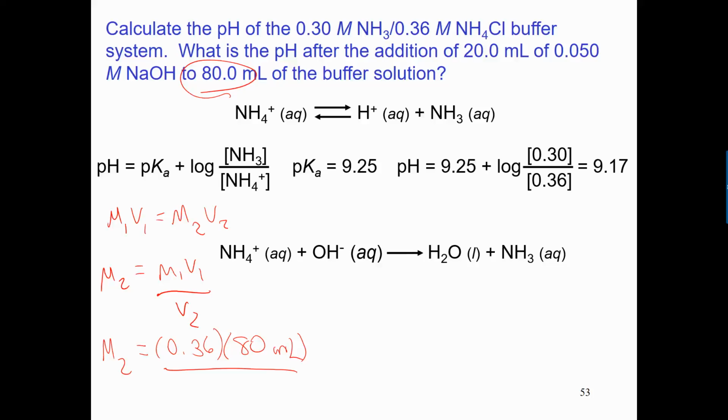The final volume after the addition is 100 milliliters, right? Because I took 20 and I added it to 80. So 0.36 times 80 divided by 100, what was it? 0.288. So the new concentration of NH4 then is 0.288 molar. Okay?